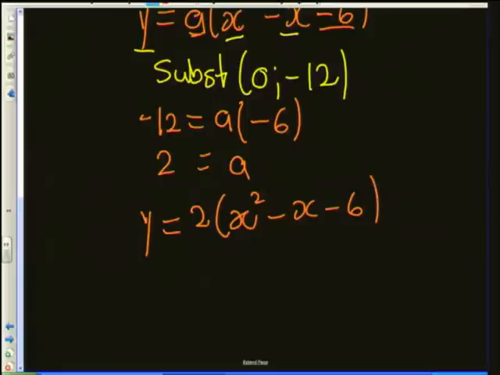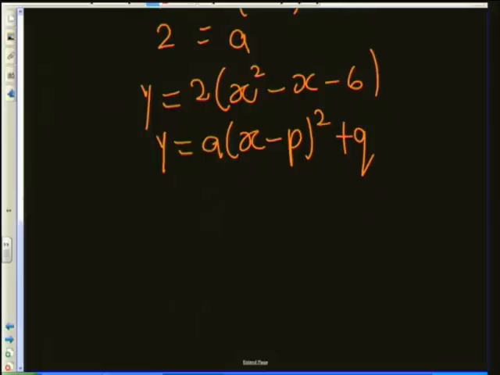I now need to get it into the form y is equal to a(x minus p) squared plus q. Right, this is where I need to be able to complete the square. So, taking it from there, we know y is equal to 2. We need to check that the coefficient of my x squared is equal to 1.